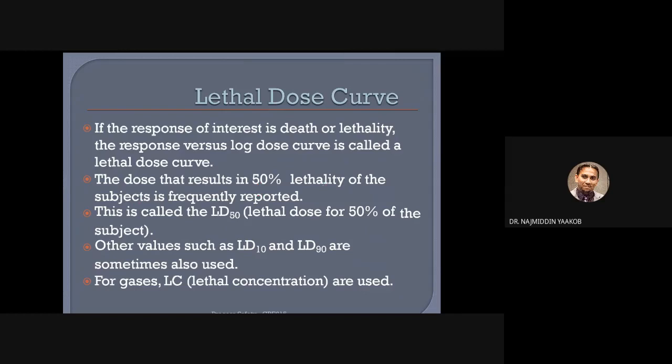So this is called LD50, which is when 50% of the population of the subjects is dead. Other values such as LD10, 10%, or LD90, 90%, are sometimes also used. For gases, we call it lethal concentration, which is the dosage of the toxicant, whether it's a gas or a liquid, that can lead to death.